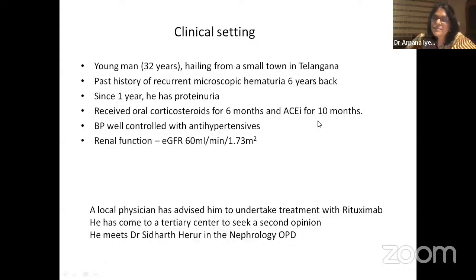So, Dr. Siddharth, before going and presenting or asking advice of his HOD or head of unit, wants to do a search and look at evidence by himself. So he does a search and he gets this paper, a randomized controlled trial in IgA nephropathy, looking at proteinuria and reduction in renal function. So next slide, please.